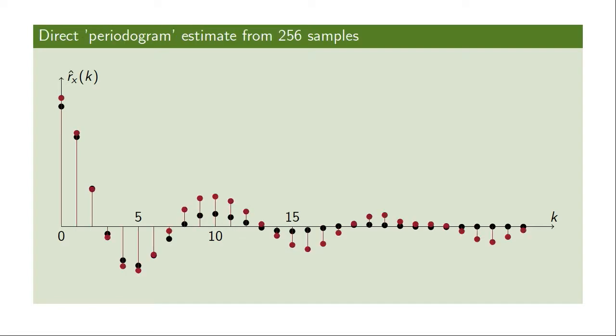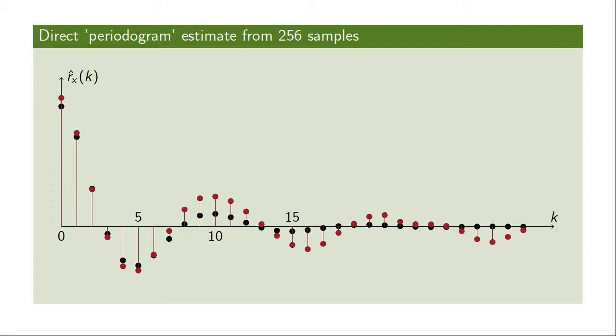What the periodogram estimate would do is look at the different time lags of the data samples, in this case 256 data samples, and average those in order to come up with an estimate of the autocorrelation function. That may or may not be close to the true autocorrelation function, which is shown in black here, and typically we will have worse performance as we move out into the tails, simply because those estimates are formed by averaging over fewer terms.